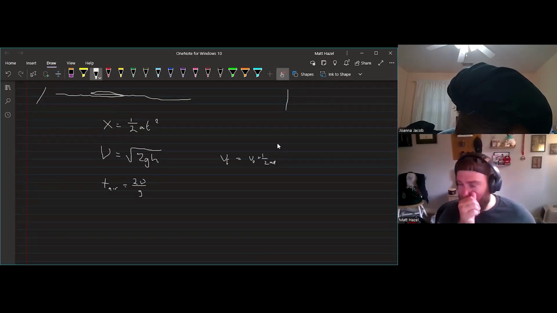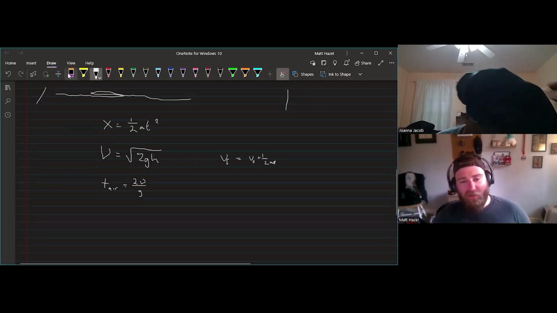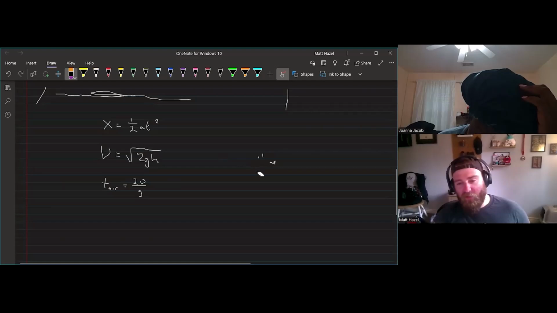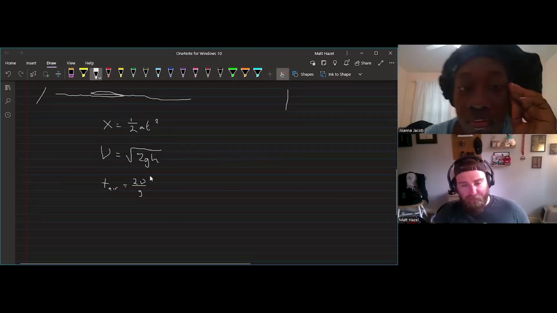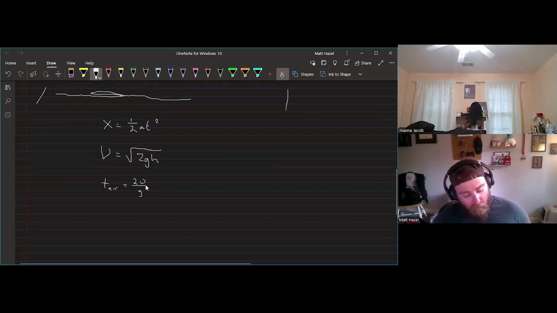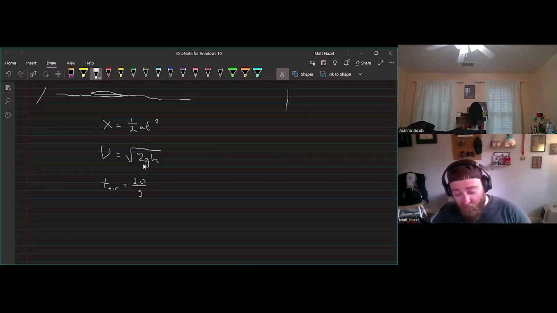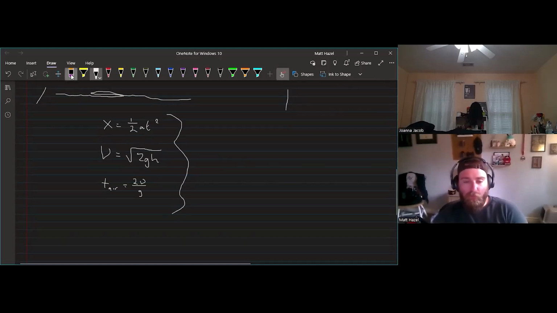I don't remember because I don't really use it on the MCAT. These are the only ones that I use on the MCAT. If you do know these, you're gonna be set. Okay, so I don't need to know the other stuff. You can know the other stuff, but if you know these, you don't need the others. I like these because they are much more simple.